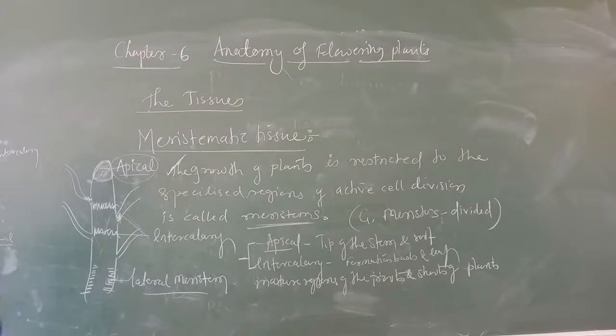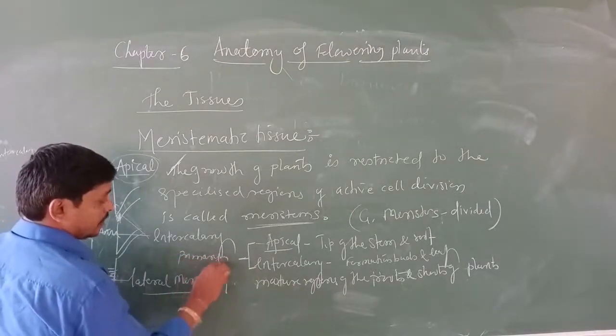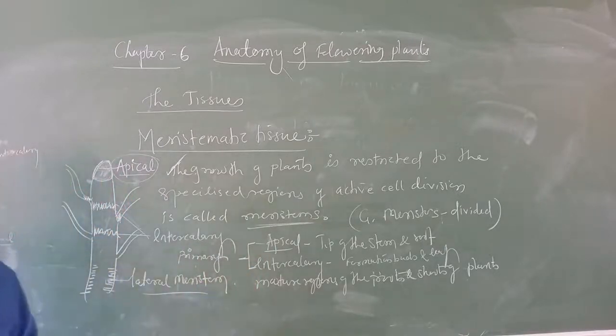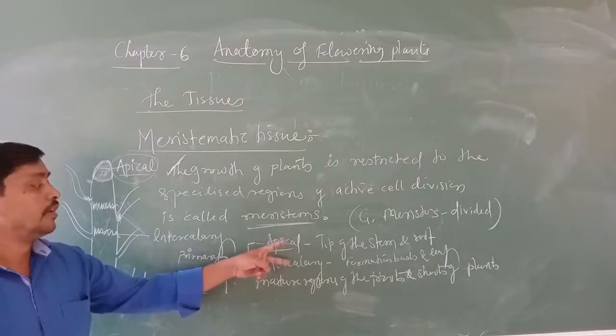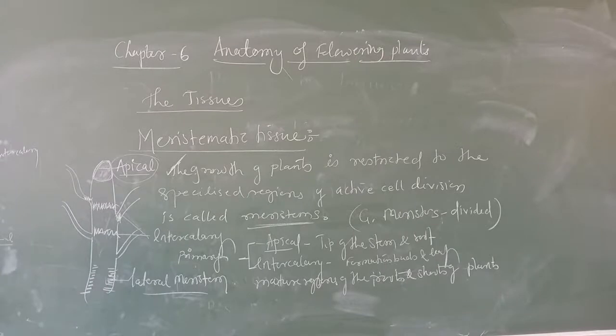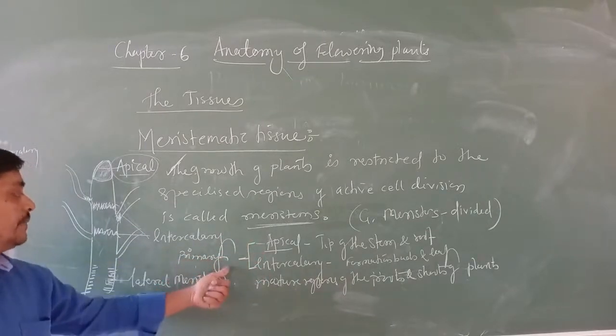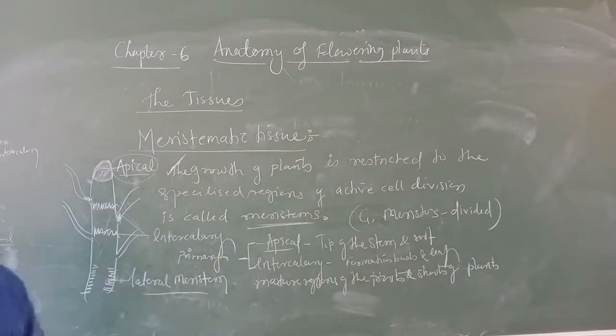Both appear early in the life of the plant, and they contribute to the formation of the primary plant body. So we are going to call them primary meristems, and they are going to form the primary plant body.